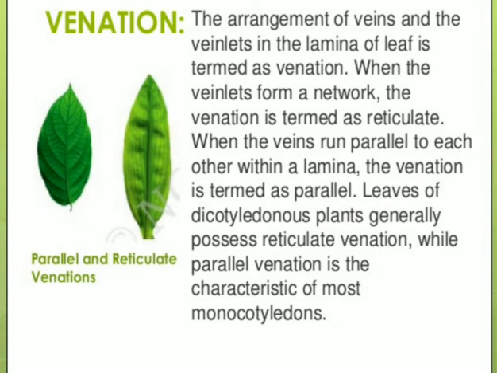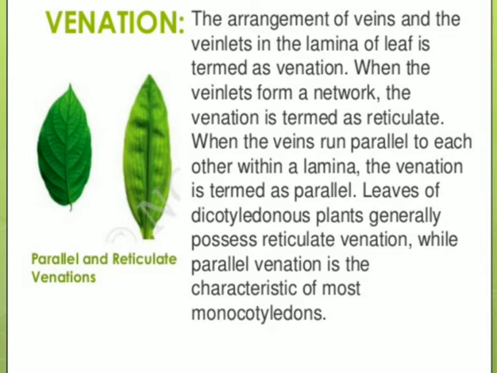Now, this is a very important identifying feature to tell whether the plant is a monocot or a dicot. For example, the leaves of dicotyledonous plants generally possess reticulate venation, while parallel venation is a characteristic feature of monocotyledonous plants.